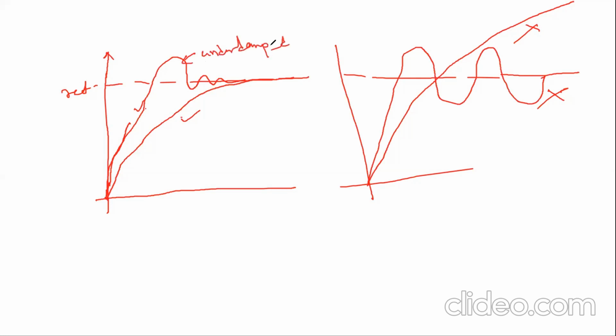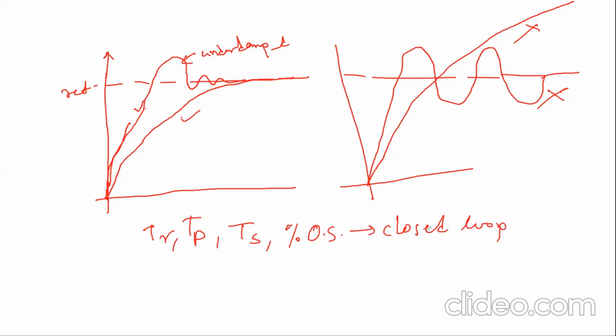So to obtain an underdamped response with a low rise time, low peak time, low settling time, and low percent of overshoot, you have to use closed loop control. It is possible only through closed loop control.